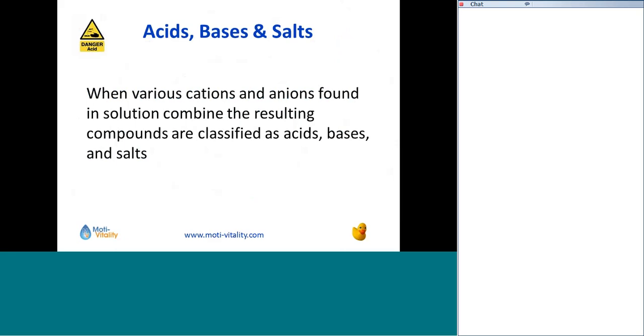Acids, bases, and salts. When various cations, that's positively charged ions, and anions, negatively charged ions, are found in solution and combine, the resulting compounds are classified as acids, bases, and salts.